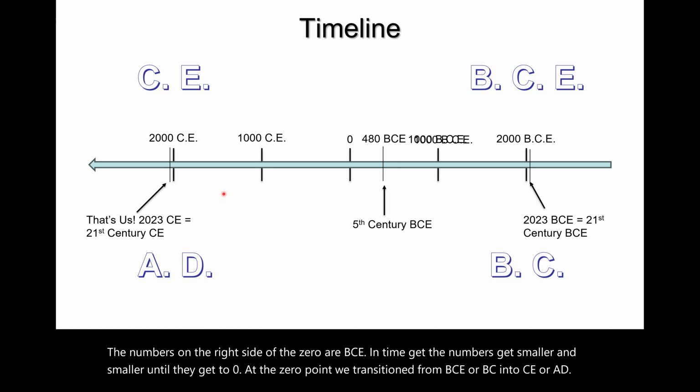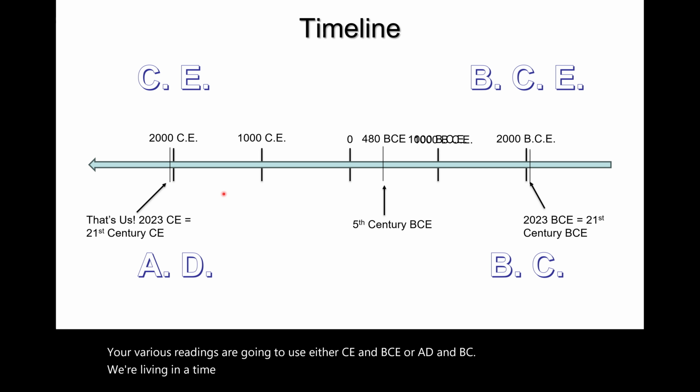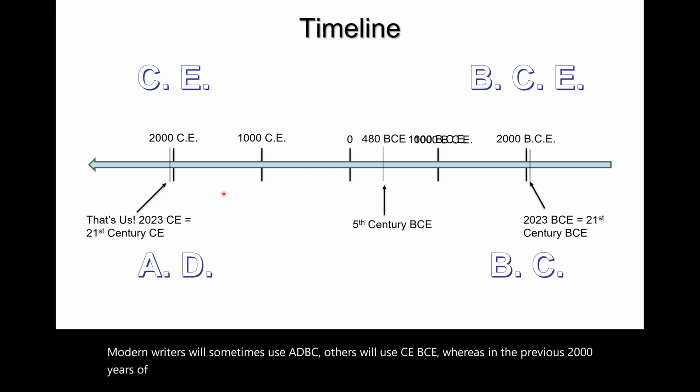Your various readings are going to use either CE and BCE, or AD and BC. We're living in a time where modern writers will sometimes use AD BC, others will use CE BCE, whereas in the previous 2,000 years of Western civilization, they were always using AD and BC.